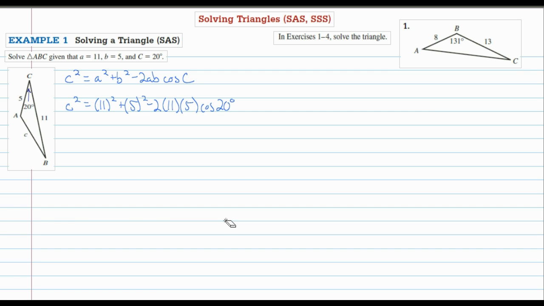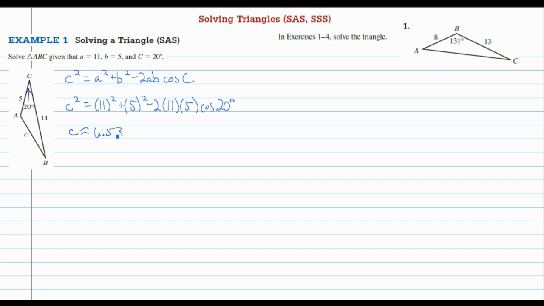Now remember I said be careful of order of operations. In this case, if you just type this whole string into your calculator, it won't be a problem. Your calculator will understand to square 11 first, to add 5 squared, to then subtract whatever 2 times 11 times 5 times the cosine of 20 is, and then you can take the square root of it and you get c is approximately 6.53.